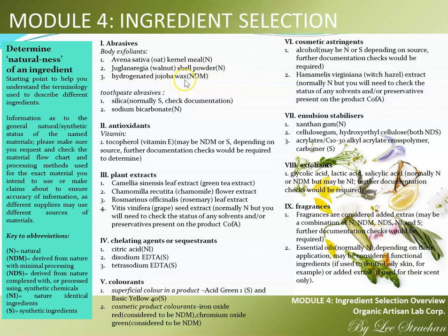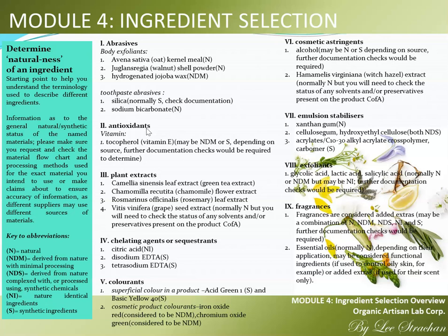I've used this on several occasions in several workshops that we did, for those who have attended workshops with me before. It's an NDM, or derived from nature with minimal processing. Okay? Let's say an antioxidant, for example, like vitamins, like DL tocopherol or vitamin E.